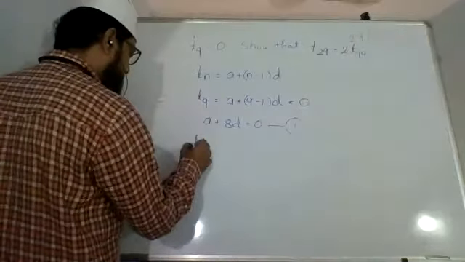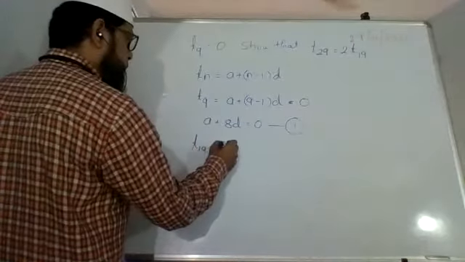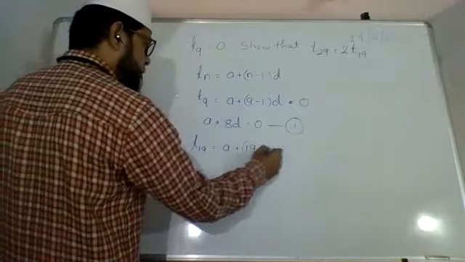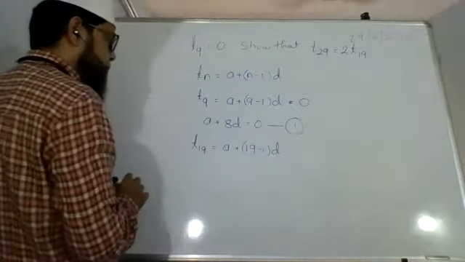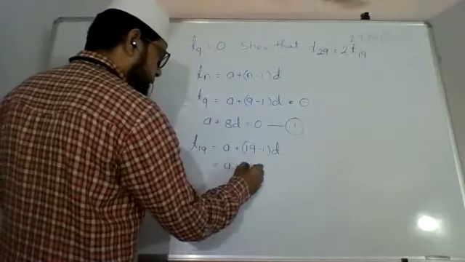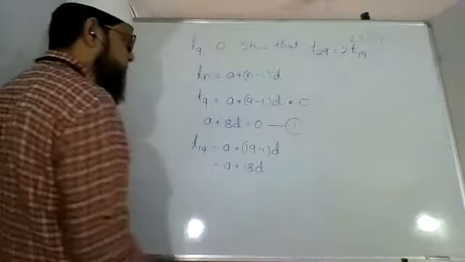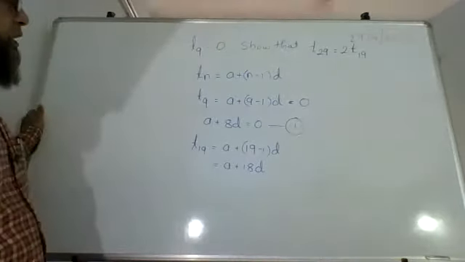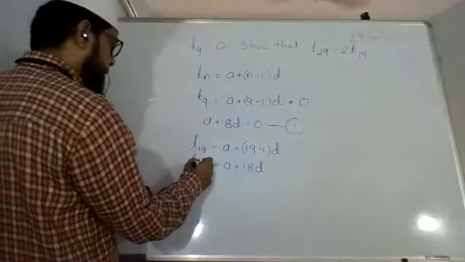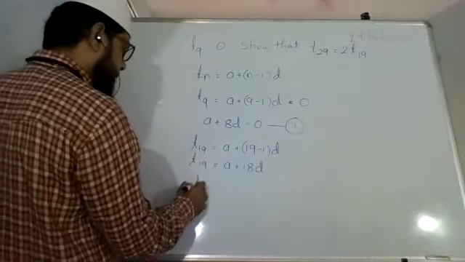What is T19? T19 will be A plus 19 minus 1 D, which is A plus 18D. That is T19. And what is T29?